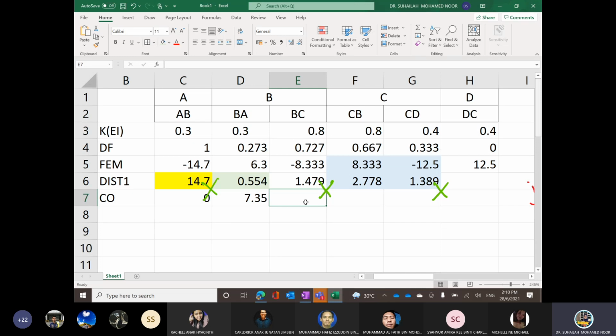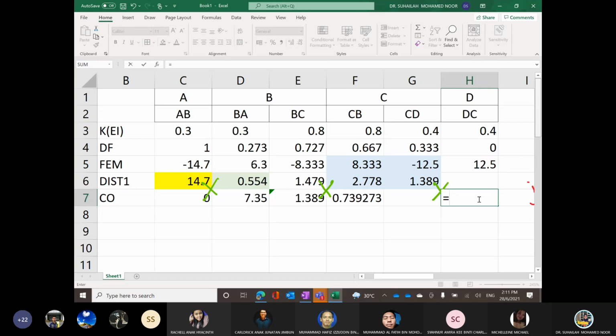So we continue. Put this divided by 2. It must cross the boundary, divided by 2. This one we get 0 because the moment is 0, and this one is 1.389 divided by 2.